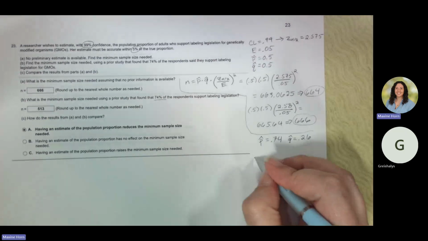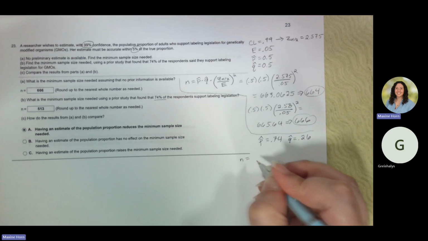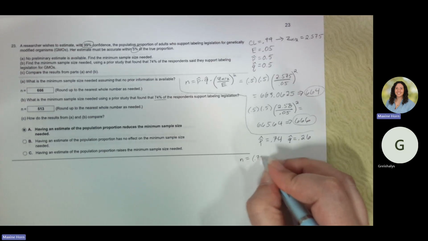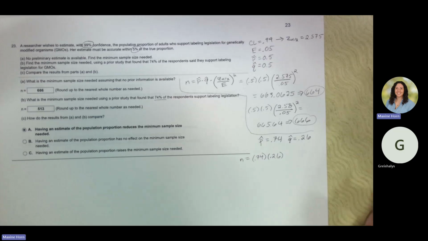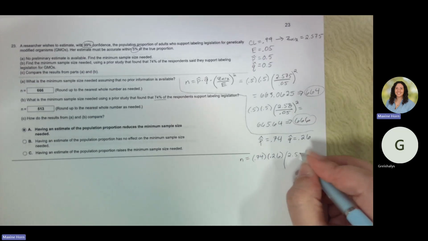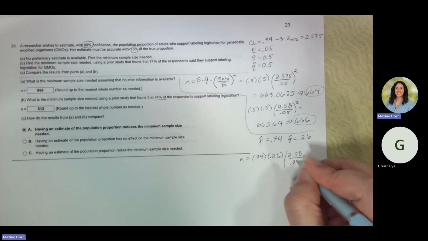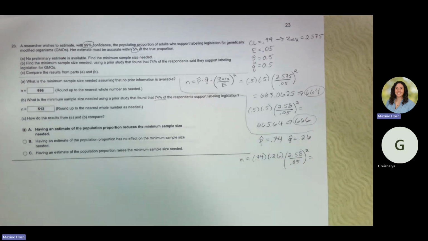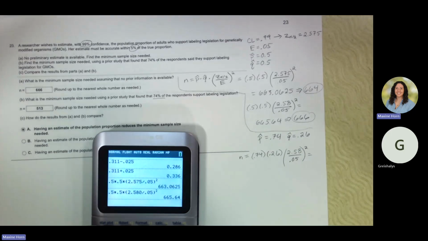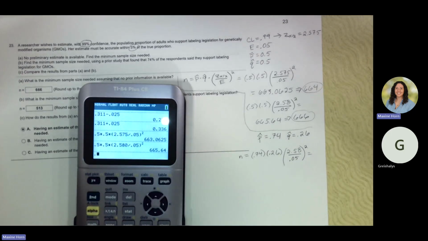And so now when I plug this into my sample size determination, I'm not using 0.5 and 0.5, I'm using 0.74 and 0.26. We're going to use the same z-score that we had up here, because everything else is staying the same. The only thing we're changing is our p hat and our q hat. So we have 0.74 times 0.26.